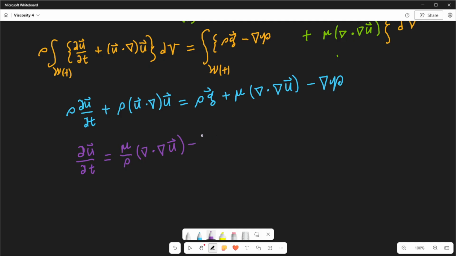And then the advection term is negative because it's changed sides. Rho, the gradient of the pressure.